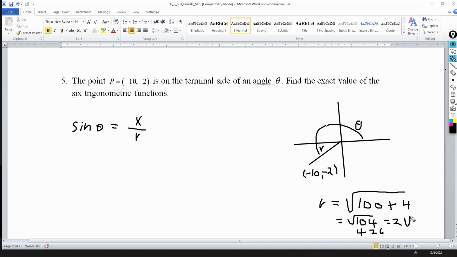Then I leave the square root of 26 under the radical. So the distance that this point is from the origin is 2 times the square root of 26.